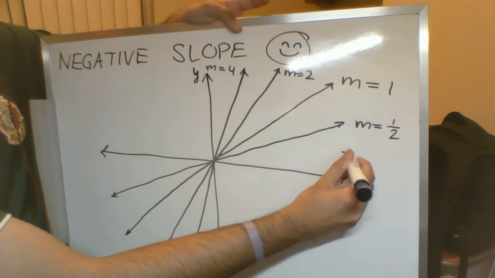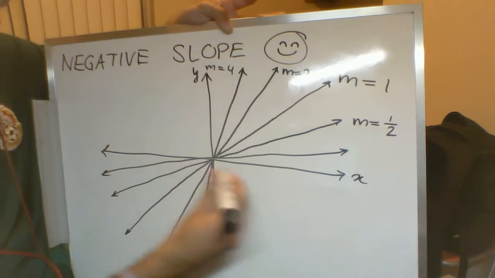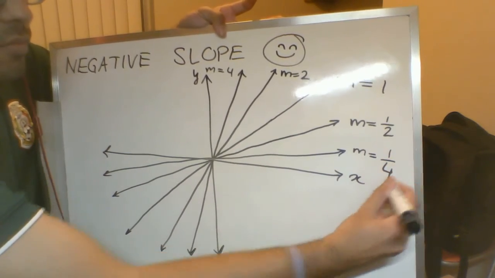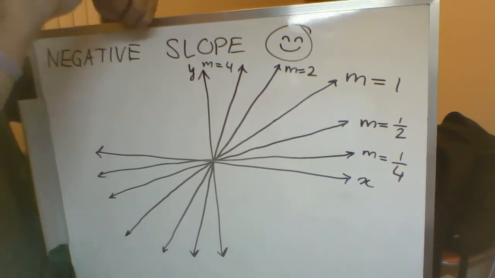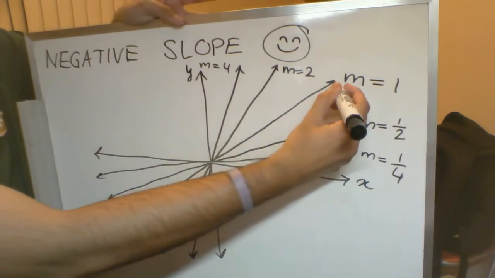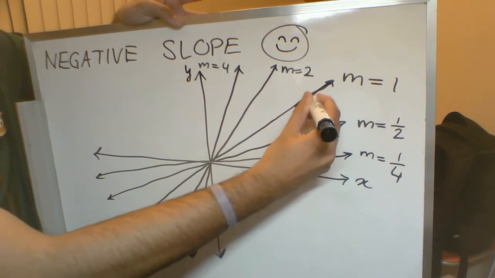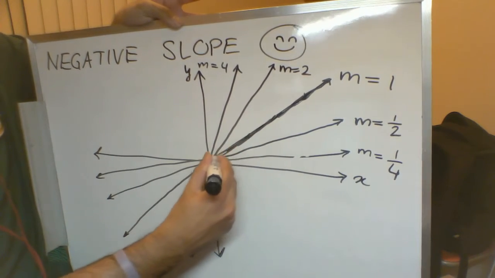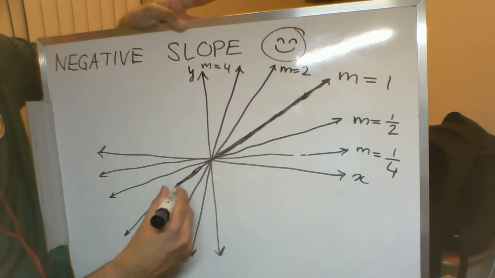And then if we do one more, we could get something like this, and we could say that this has a slope of 1/4. So we can see that if you've got a slope of 1, you'll have this line right here in the middle. Let me see if I can emphasize this line a little bit. I'll just make it a little bit thicker, like so.